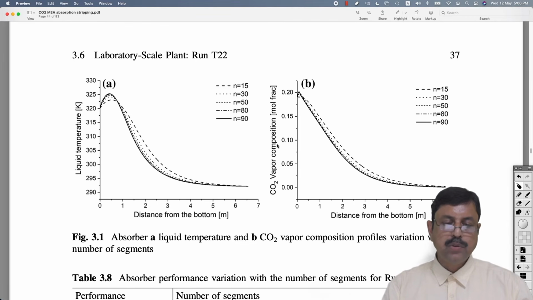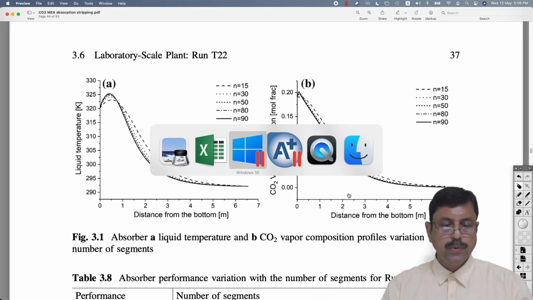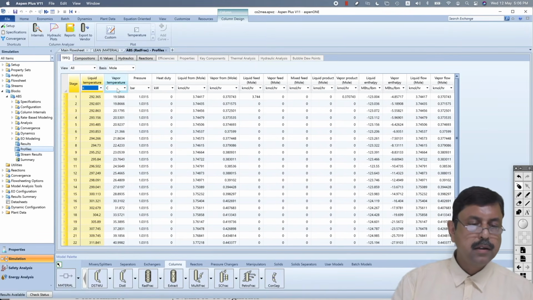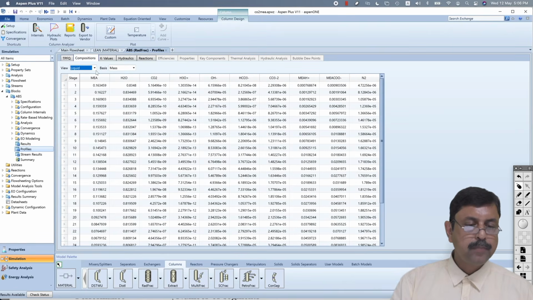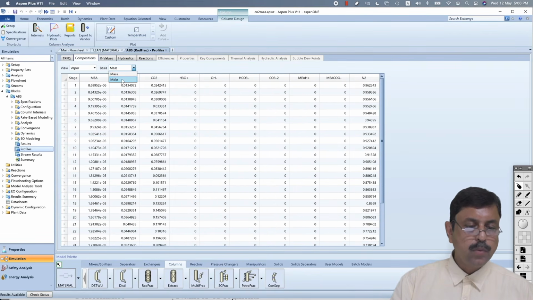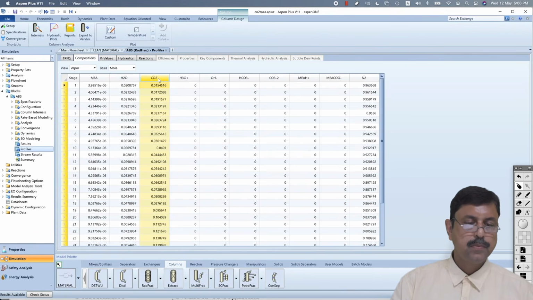What about CO2 vapor composition? So for that, we have to go to the composition, vapor, then mole, and CO2.